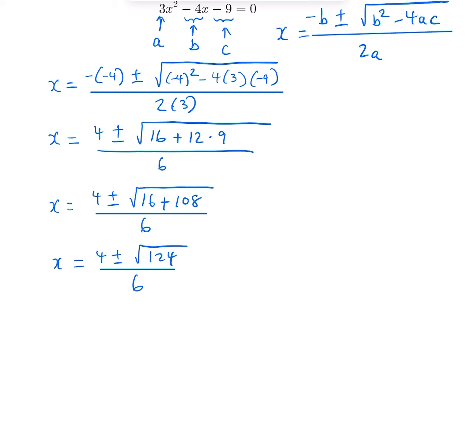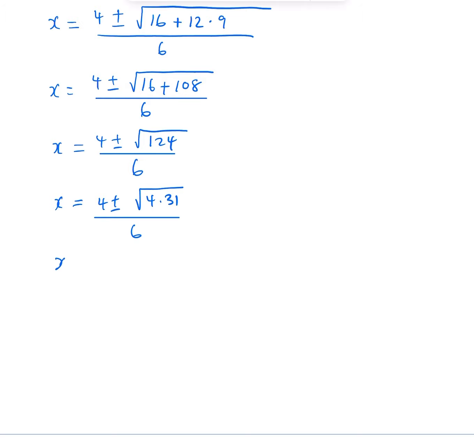The last part here is to find factors of 124 that can be taken out of the square root sign. We can break that up into 4 times 31. So x is equal to 4 plus or minus the square root of 4 times 31, all over 6.